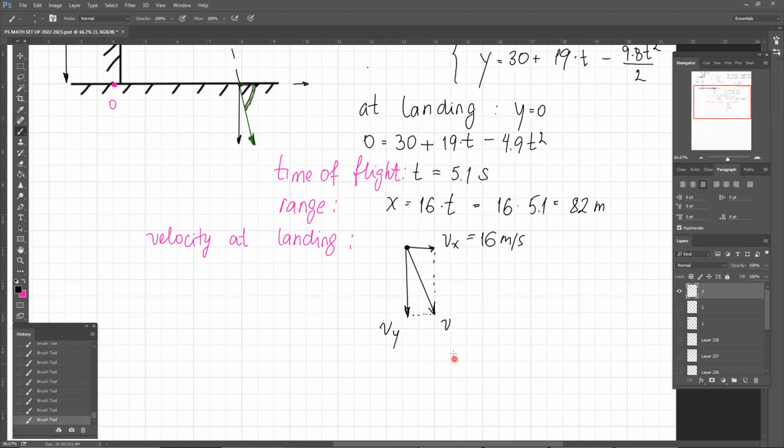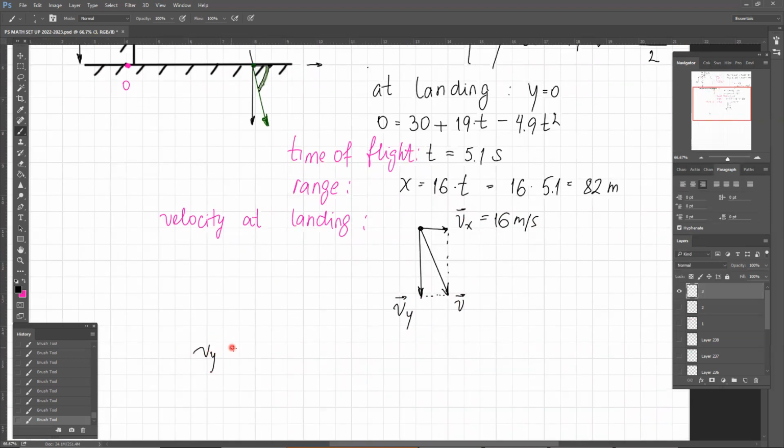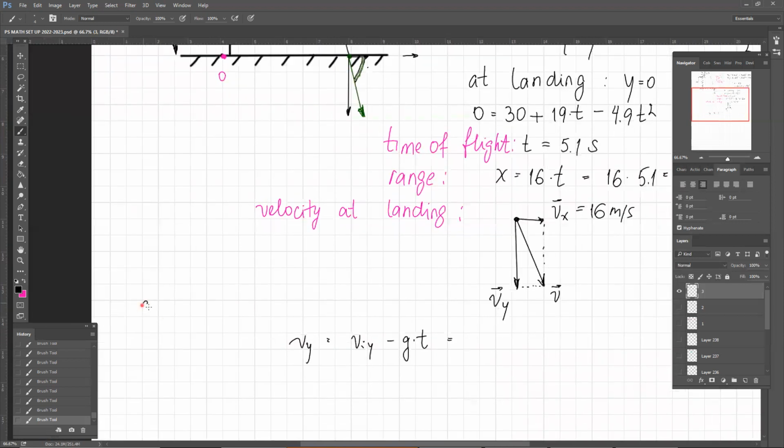Vertical component, however, yes, that one is changing. And the formula for that would be V initial y minus gt. Where's this formula coming from? Remember, there's a definition of acceleration.